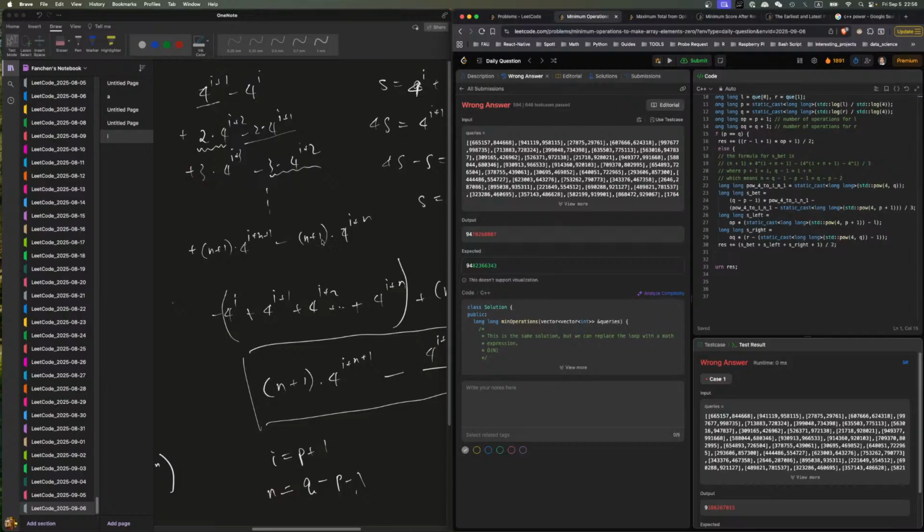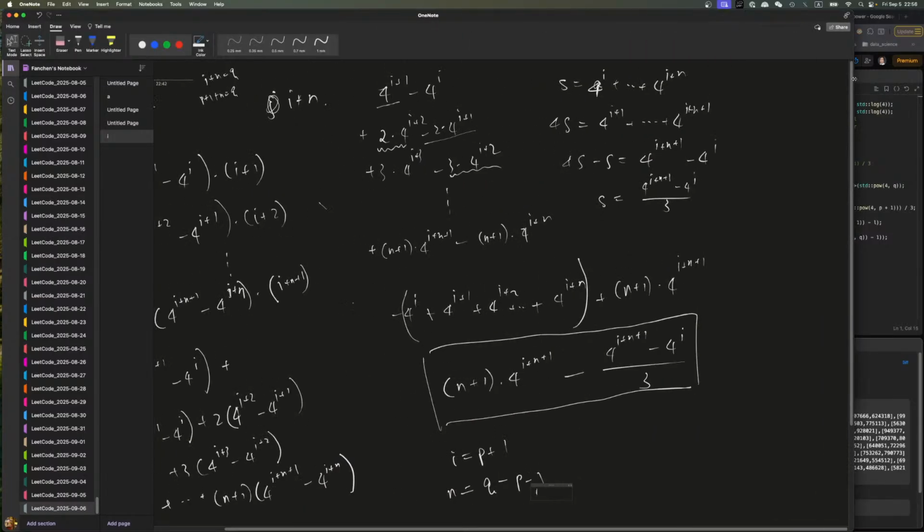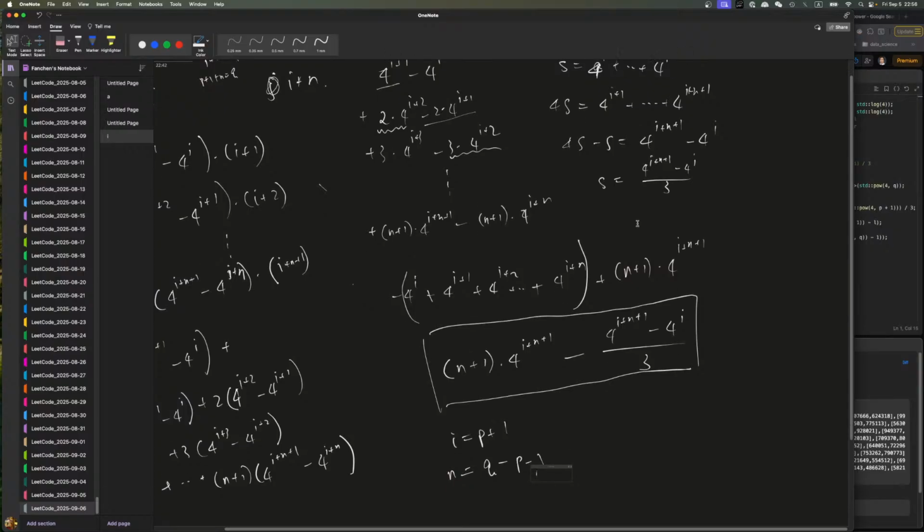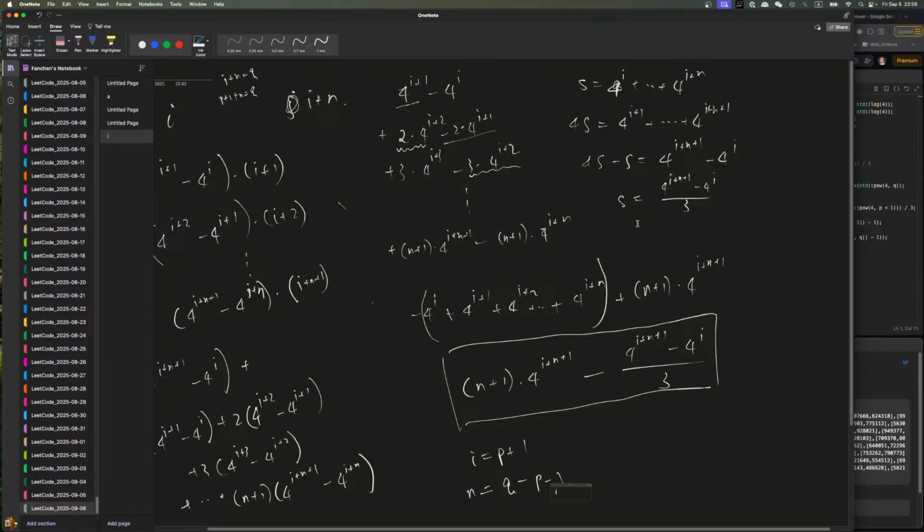Oh, yes, I see the issue. So these two minus these two minus these two minus these two minus these two minus. So what we have is this minus this minus this minus this, all the way to this, and then no, that's right. You plus this one, right? You plus this one. Don't know. No idea.